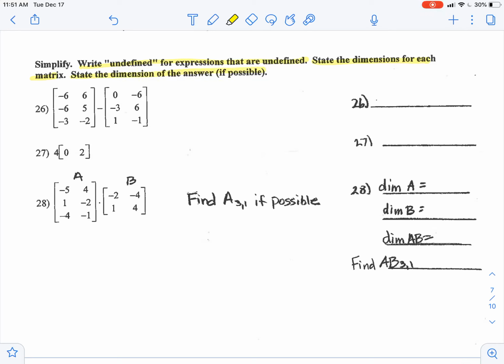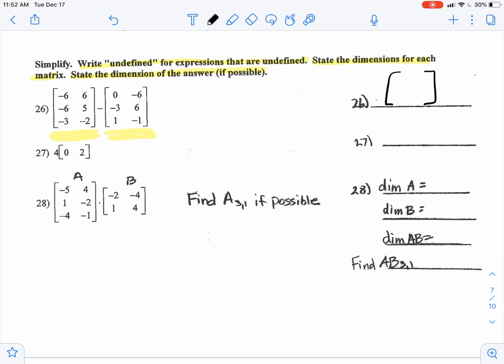Okay? So on number 26, you're going to be subtracting those. So just right here underneath, if you would, tell me what are the dimensions of both of those and can you subtract? If you can subtract, then you need to subtract and give me the answer. Be very careful with the negative.